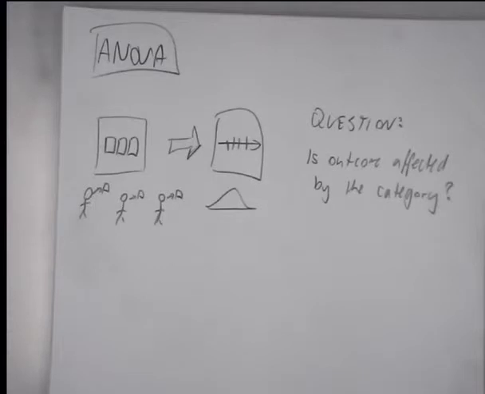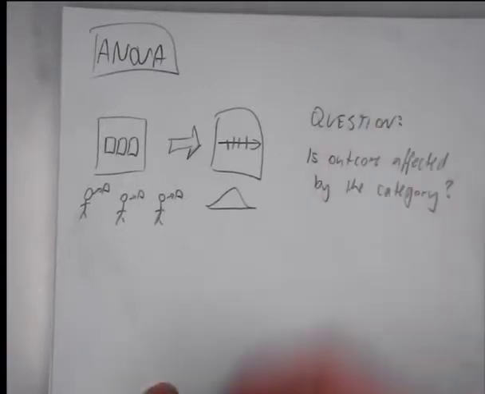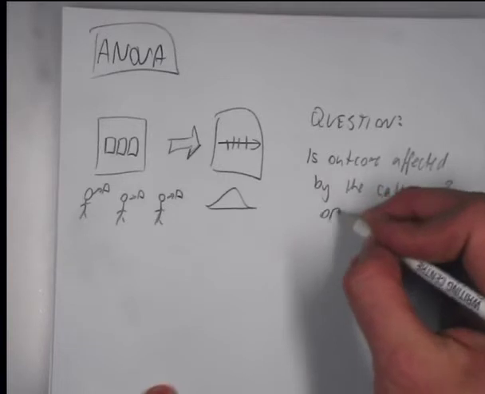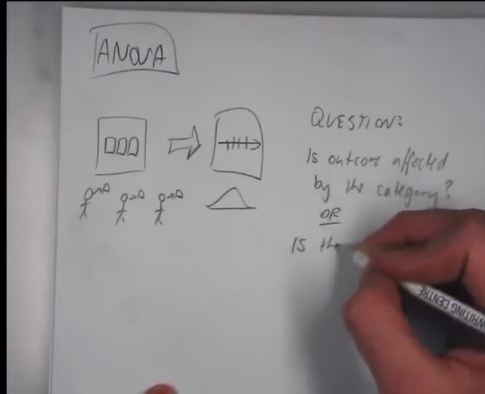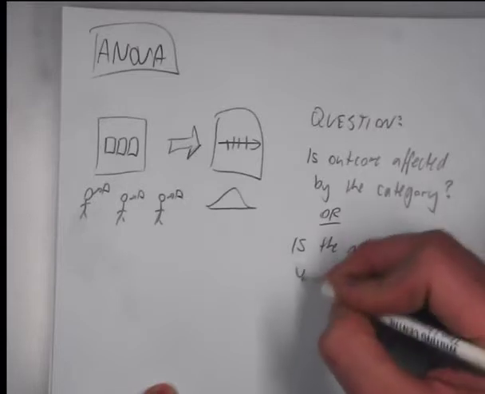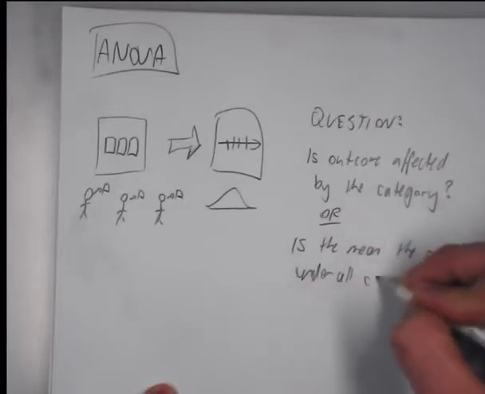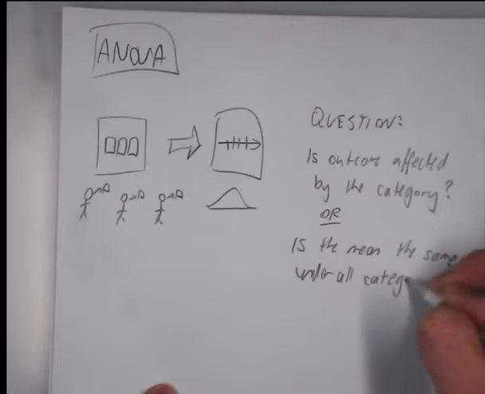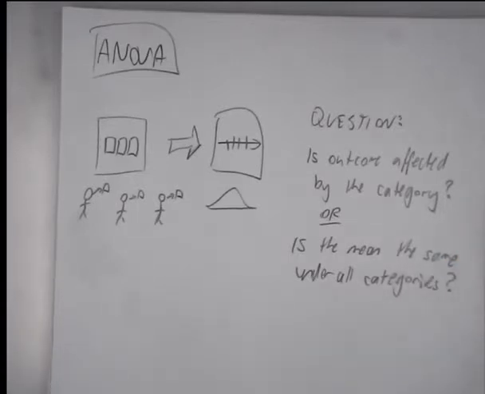So it might be, for example, does diet affect bowel motions? Right? Or is the mean the same under all categories? Which is the same question, but specifically focusing on the mean.